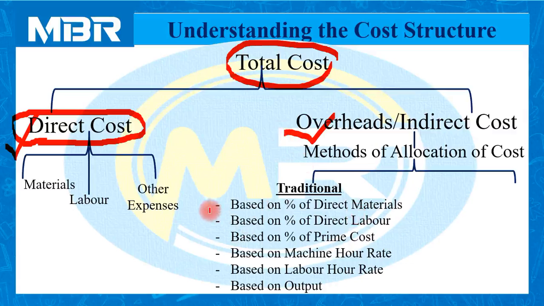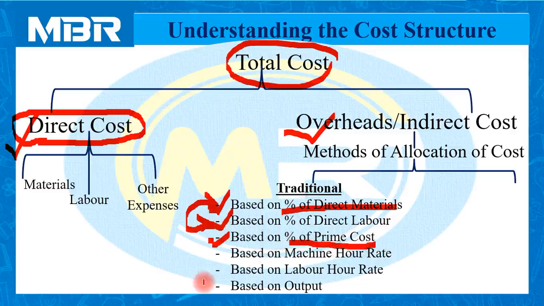We can allocate overheads based on percentage of direct materials or percentage of direct labor. If the importance of material and labor are similar or equivalent, then it is advisable to follow the third method: overheads are recovered as a percentage of prime cost. If the production process is capital intensive, then we need to follow machine hour rate.